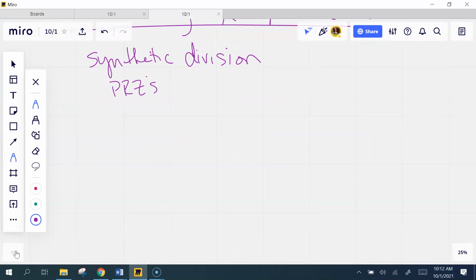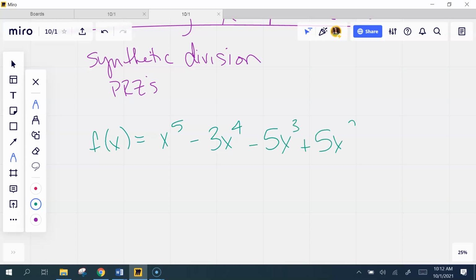Let's say I gave you this polynomial and I said to write it in linear factorization. What does that mean?